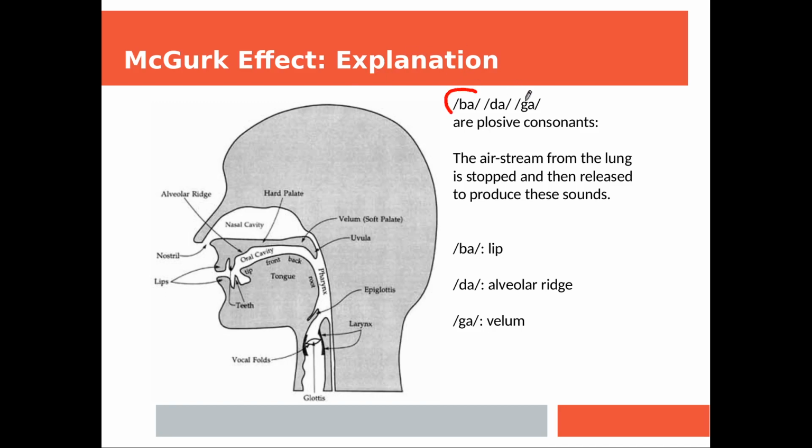Da is in between ba and ga, because for ba you use the lips at the front here. For ga you use the velum, which is the soft palate up on the top here, whereas da is actually in between.